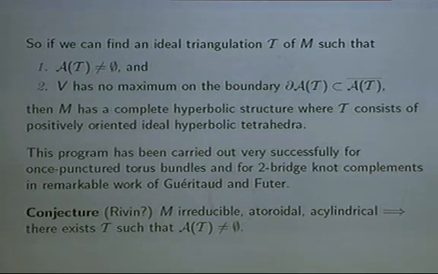Now at this stage you can start trying to apply this to various families of examples. And I just want to mention two cases where this has been carried out very nicely by the work of Guéritaud and Futer. So one case is the case of once-punctured torus bundles. These are manifolds that fibre over the circle with a once-punctured torus as the fibre.